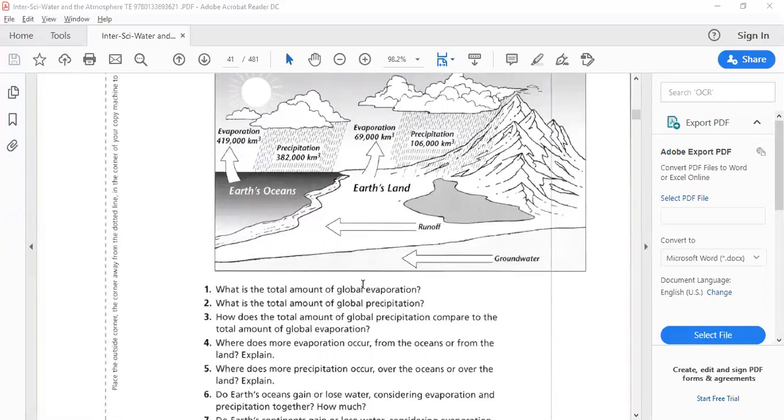What is the total amount of global evaporation? The total global evaporation is the evaporation coming from the land and the evaporation coming from the ocean.